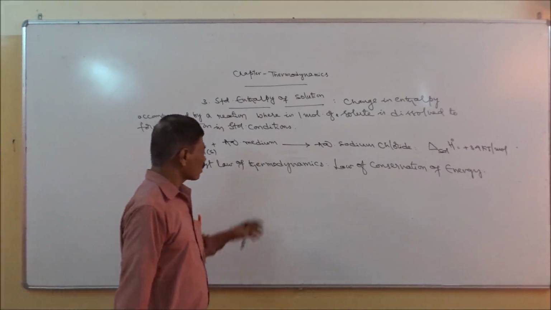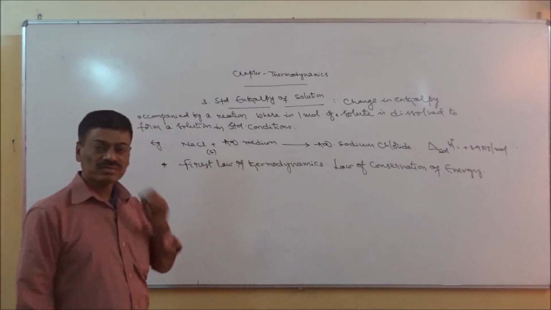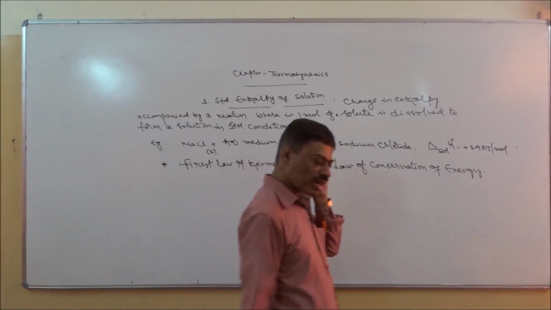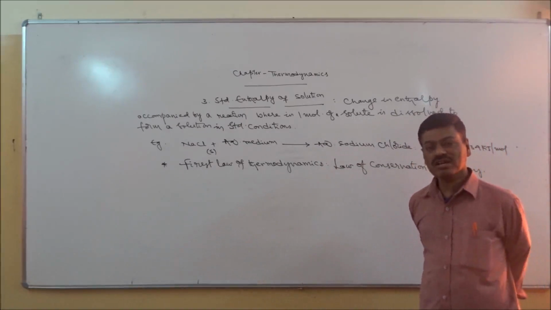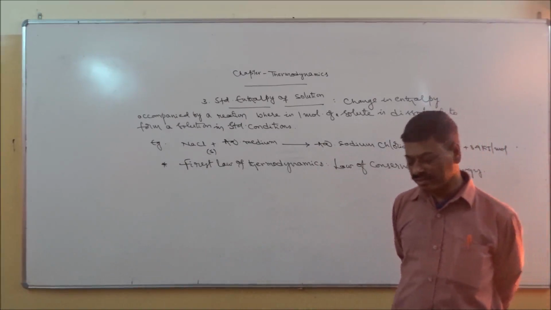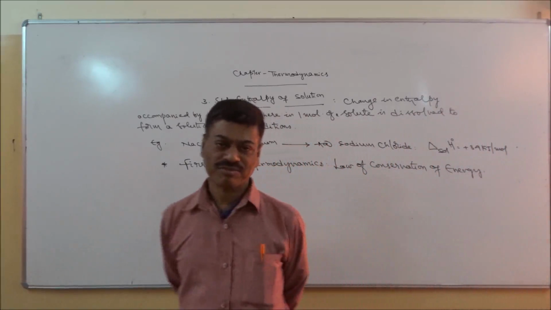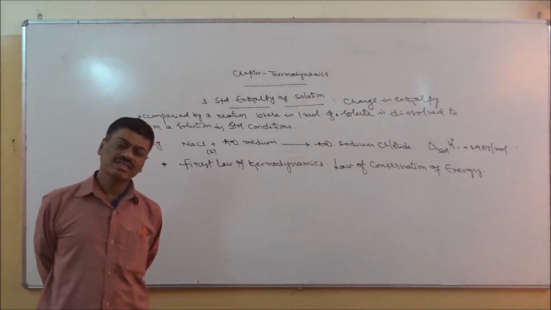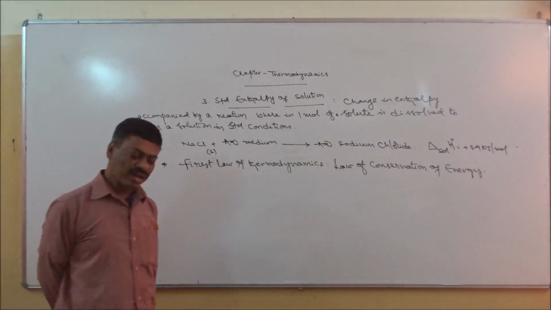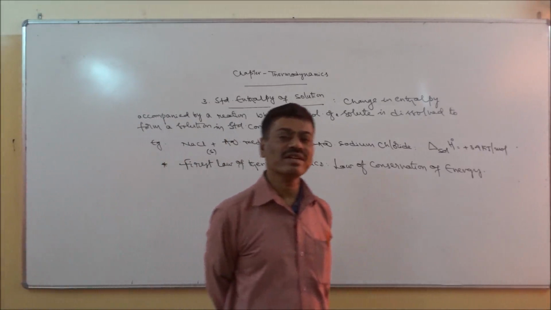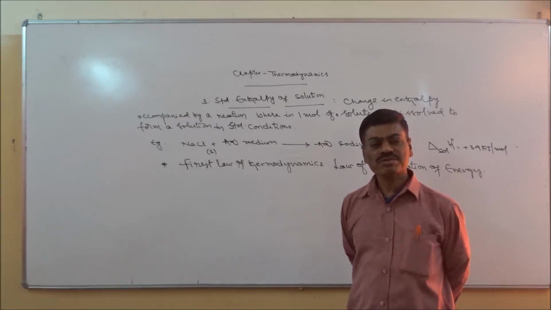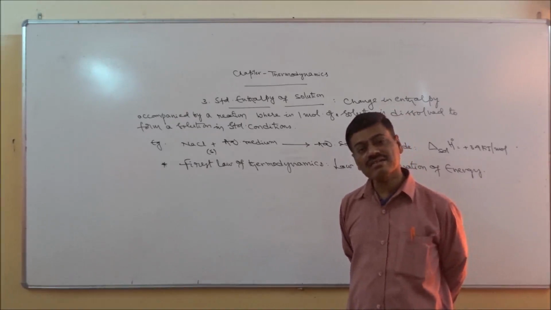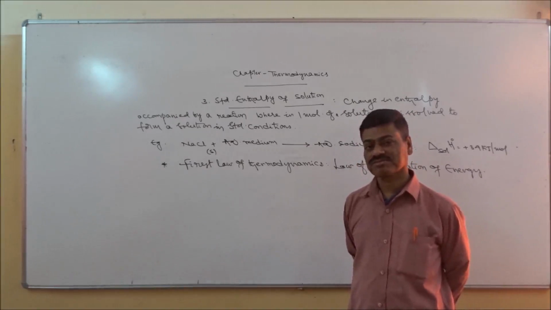Yes, children. Now we will move to another important concept. In this concept, we are going to see total change in enthalpy or energy accompanied by a reaction when it occurs in a single step. Sometimes same reaction occurs in more than one step.